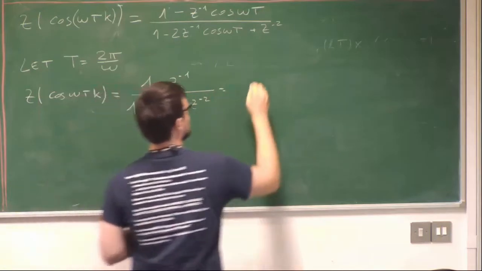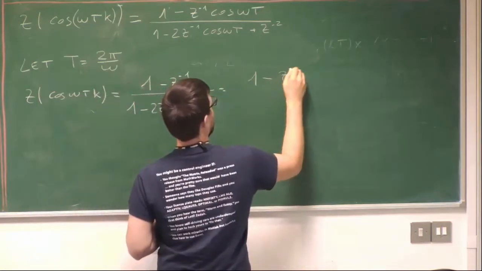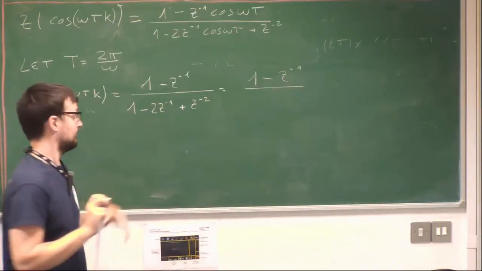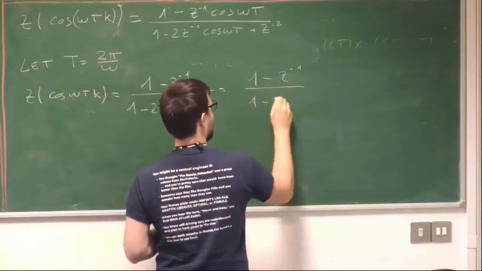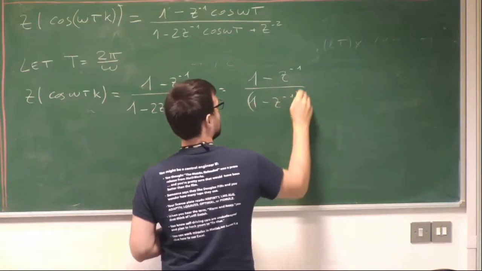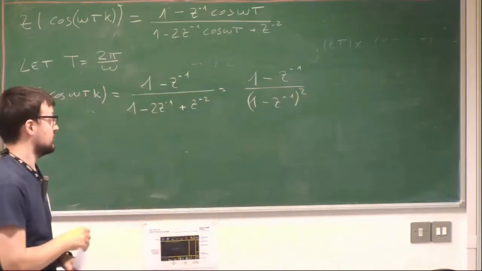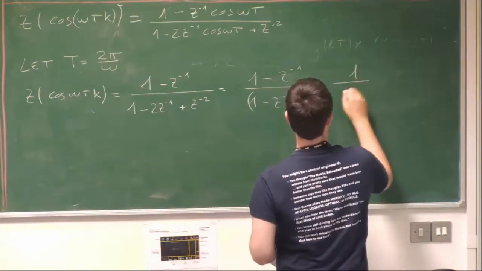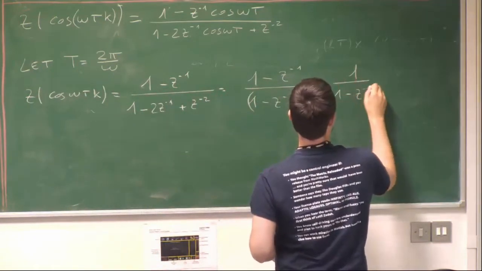And now this is equal to 1 minus z power minus 1, and this can be factorized, and is 1 minus z power minus 1 squared. Okay, so this is the square of this term. And so this is equal to 1 divided by 1 minus z power minus 1.